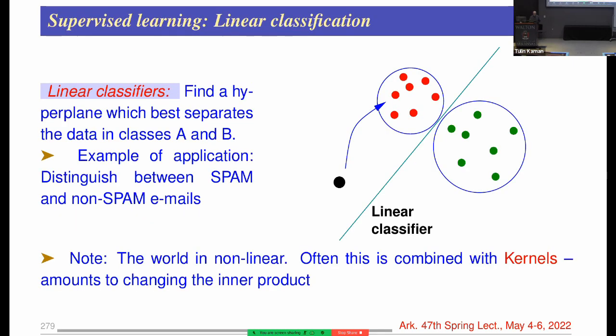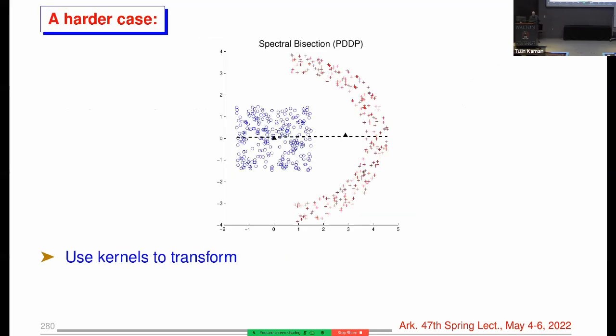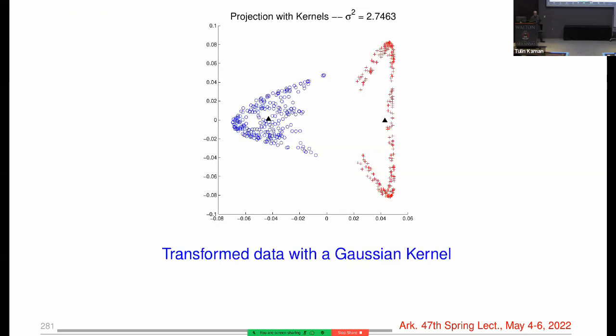So now we're talking about linear classifiers. You have a hyperplane that separates two items. Here is a case that is not so obvious, and you could use kernels. Kernels are extremely powerful, and they have been used a lot to essentially change the inner product.